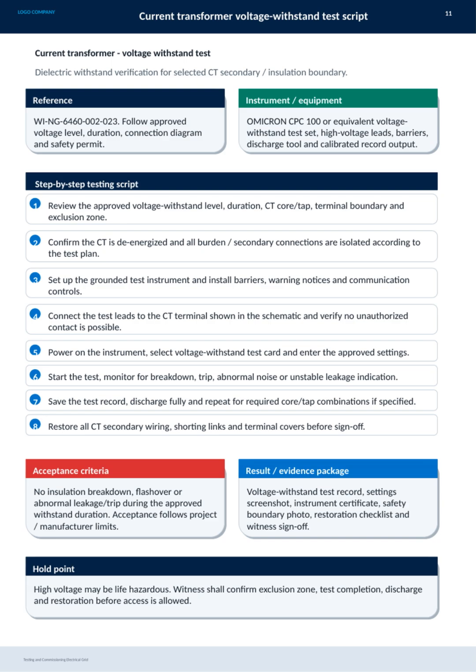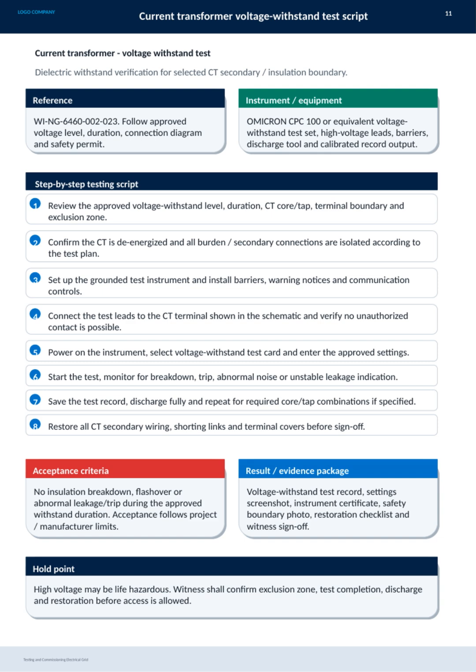We repeat the test for all required core or tap combinations if specified, then restore all secondary wiring, shorting links, and covers before sign-off. The acceptance criteria require no insulation breakdown, flashover, or abnormal leakage within the test duration, following project and manufacturer limits.